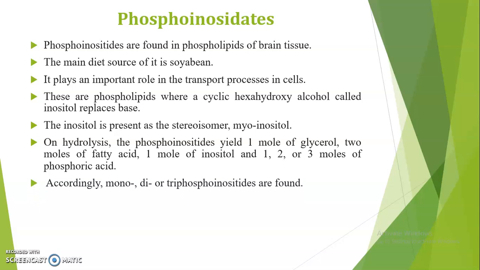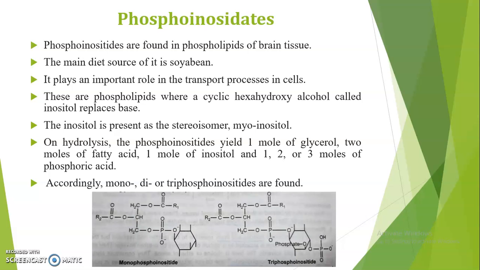The structure of the commonly present phosphoinositides is as shown here. You can see again the glycerol, where the first carbon atom is connected with a free fatty acid. Here also there is a free fatty acid, then a phosphoric acid group, and to this phosphoric acid group a hexahydric alcohol is attached.